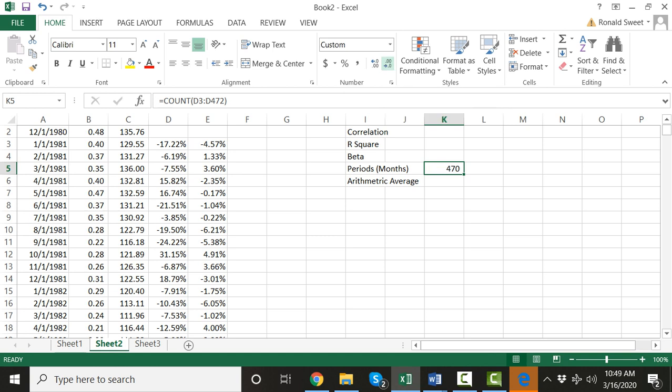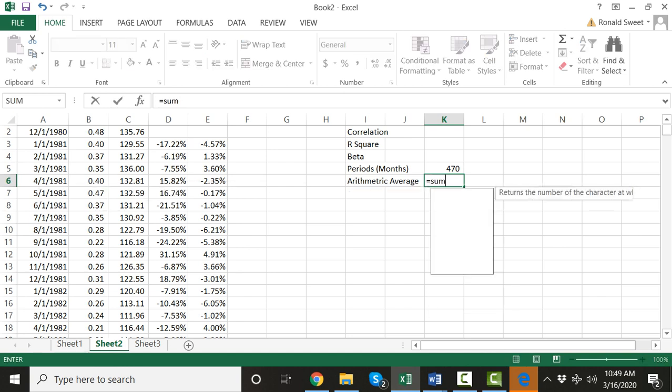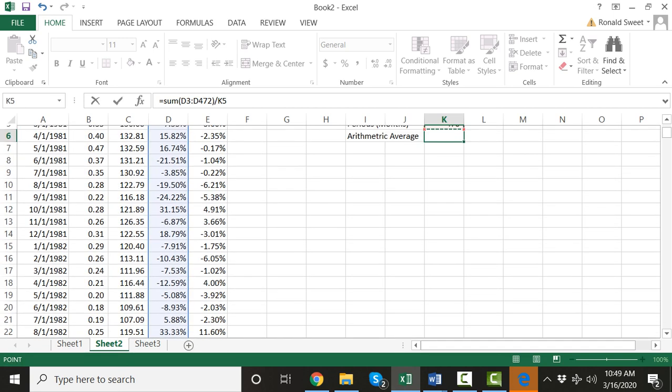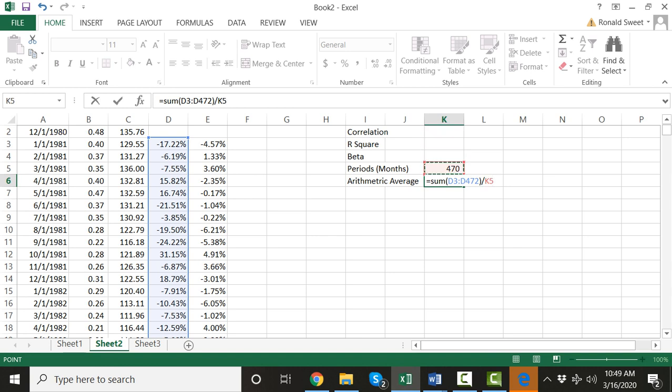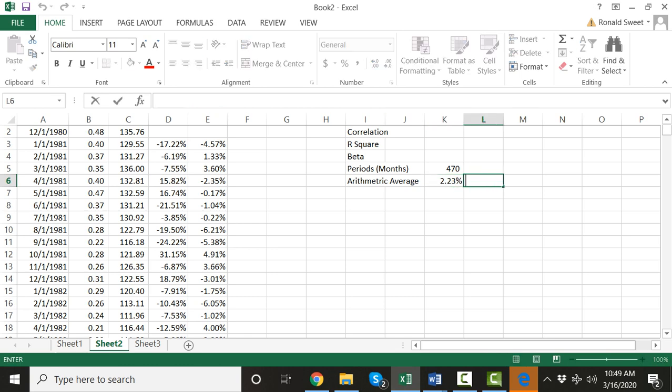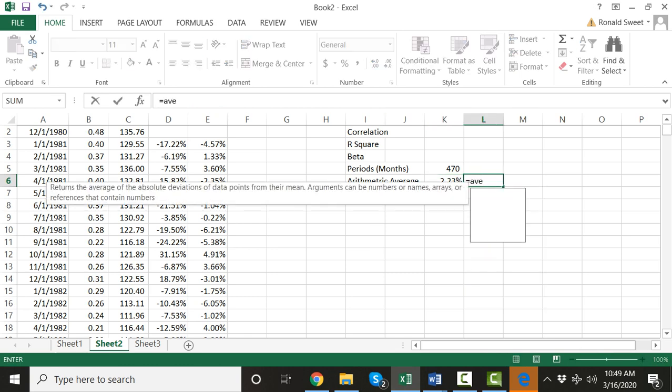So the arithmetic average is simply the sum, just like we did before, the sum of all those holding period returns divided by the number of periods. So the monthly average for Apple is actually a really high number, 2%, if you think about that, because that's monthly. Or we can use the Excel function, equal average.